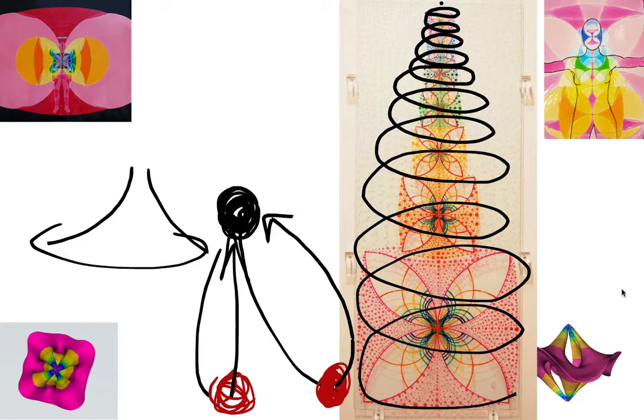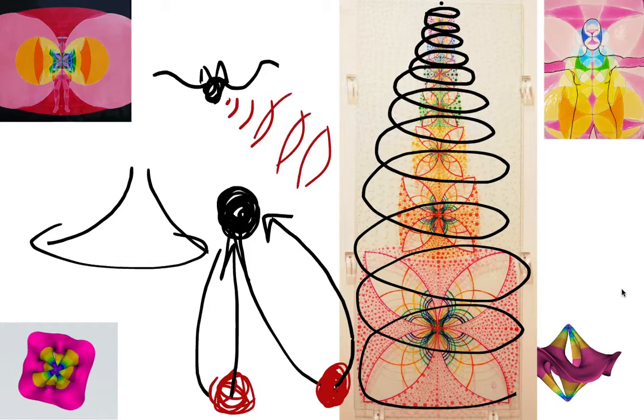In much the same way that a bat, let me draw a little tiny bat. That is a very simplified drawing of a bat, but I am here to tell you that bats use echolocation in order to sense their environment. They don't have very good eyesight, so they send out sound waves that bounce off of their environment and then come back to them. And they are able to determine the shape of their environment by this process of sending energy out and having it bounce back.